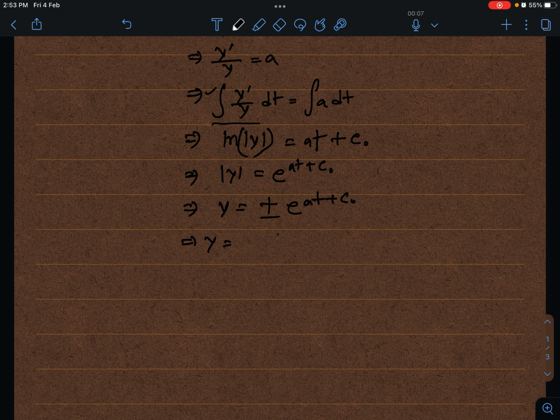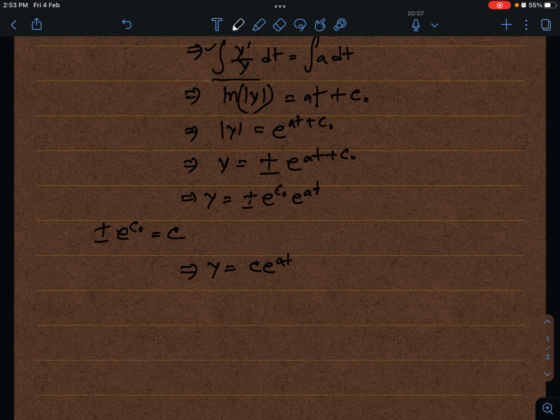This is basically plus minus e to the power c naught times e to the power at. As c naught is a constant, e to the power c naught is also another constant. Let's say this constant is c, so we can say that y equals c e to the power at in this case. So this is the solution.